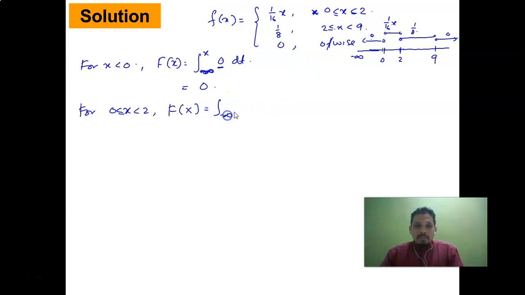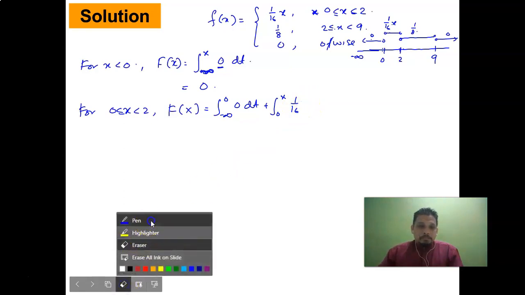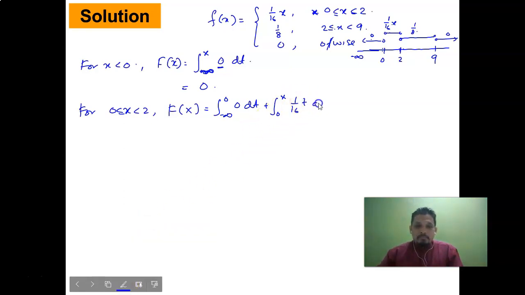From negative infinity until 0, 0 dt, plus 0 until any value of x lying between 0 until 2, and the function is 1 over 16 t.